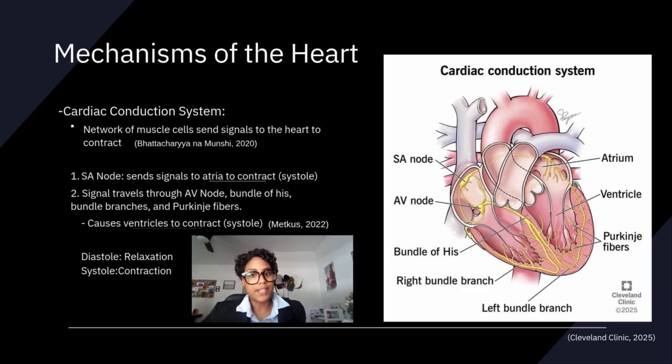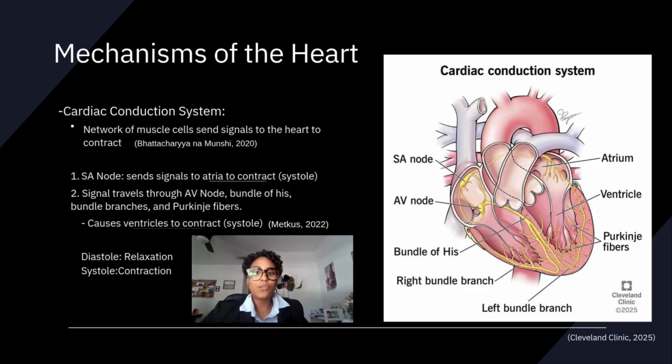Alrighty, if we're looking at the visual, we have the SA node. The SA node sends signals to the atria to contract, or systole. So pretty much every single time a chamber contracts, it's moving blood. It's moving blood to another chamber, or it's moving blood up through a vein or artery. So when the SA node sends a signal for the atria to contract, it's moving the blood from the atria into the right ventricle.